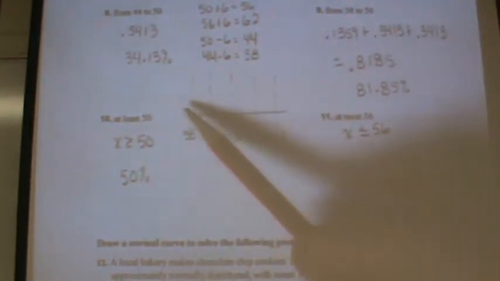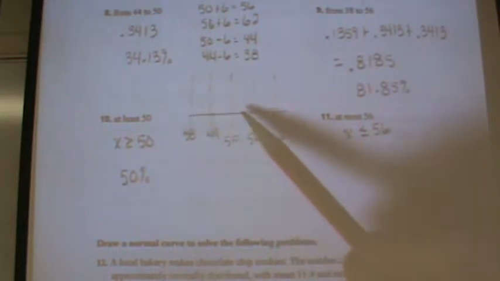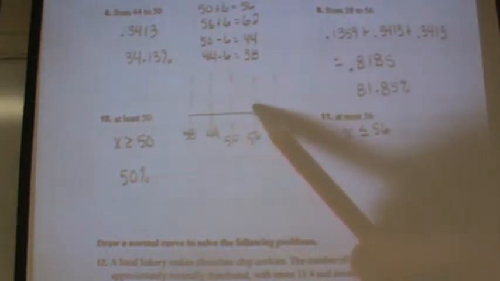Then we need to find number 11. It says at most 56. And that tells us that we're looking for x values that are less than or equal to 56. So those are going to be values to the left of 56. So again, we know that we have 50% of our data on the left hand of the mean, and then we have to add to get to the 56.